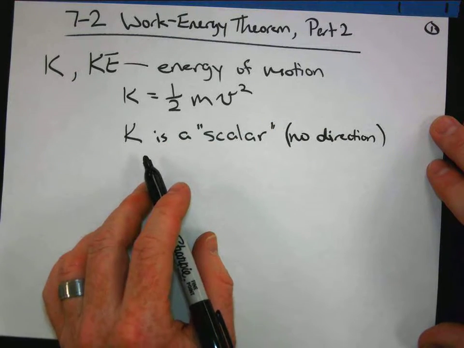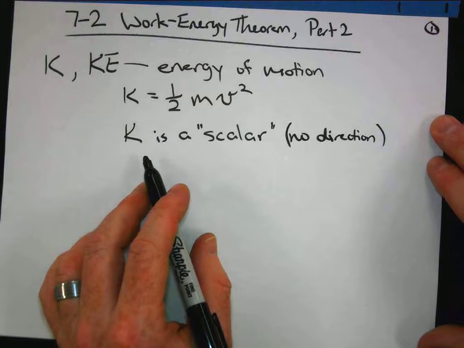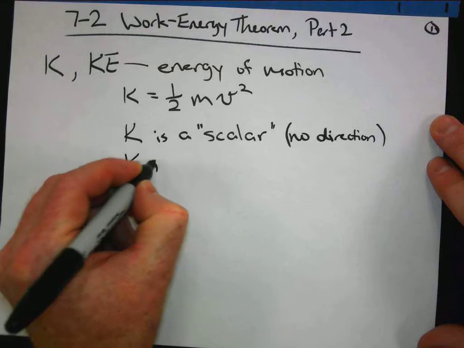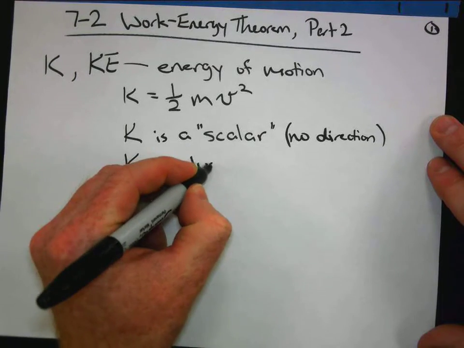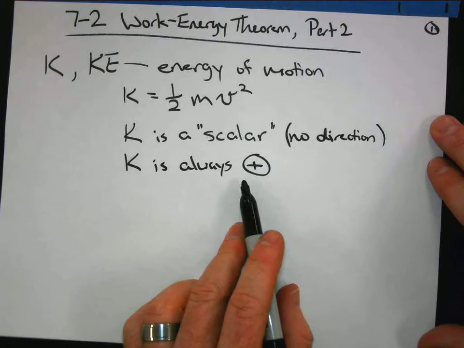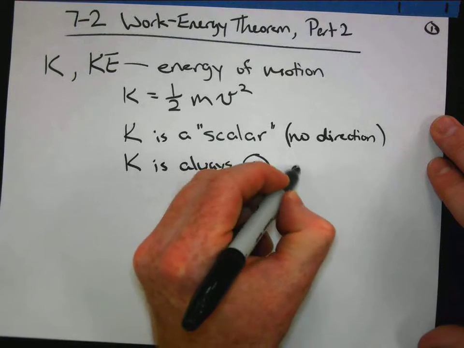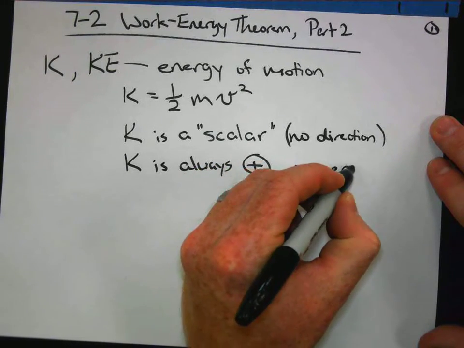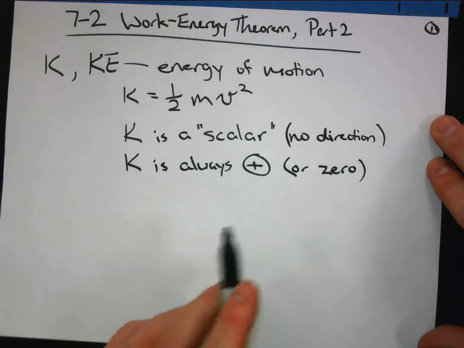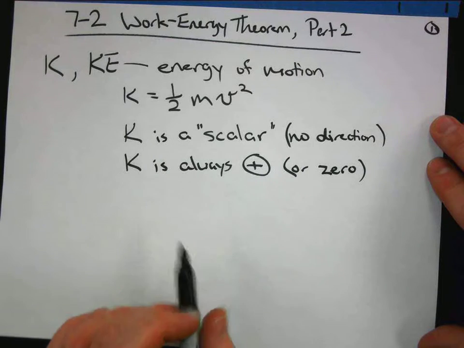It is unlike work, though, in one other important characteristic. Kinetic energy is always going to be a positive value, or zero, I should say. You could have zero kinetic energy, but kinetic energy will never be negative.